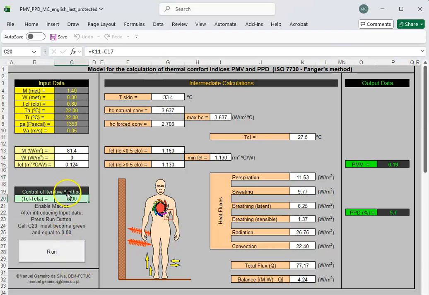You see now it was recalculated for this new input value.